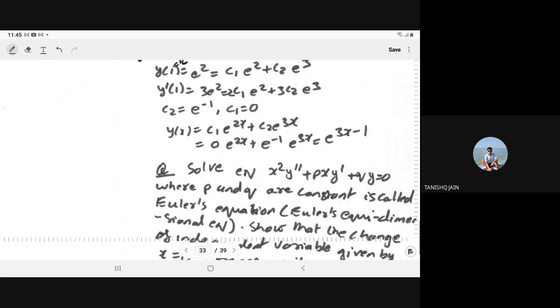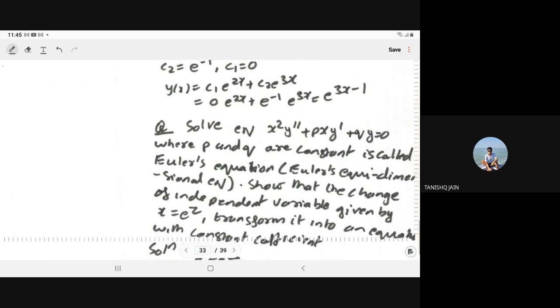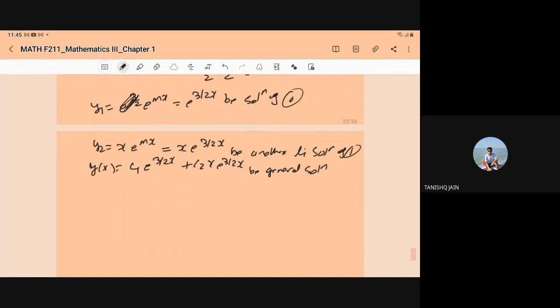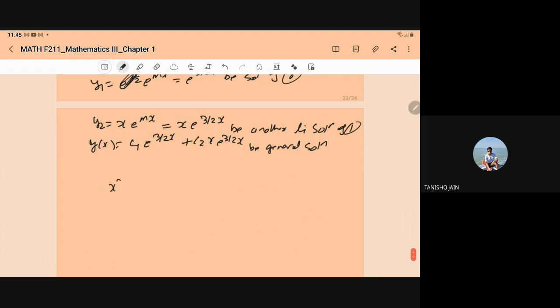A change in the independent variable given by x is equal to e to power z transforms it into an equation with constant coefficients. So here, x square y double dash plus p x y dash plus q y is equal to 0.